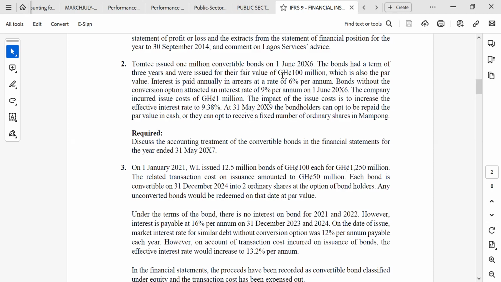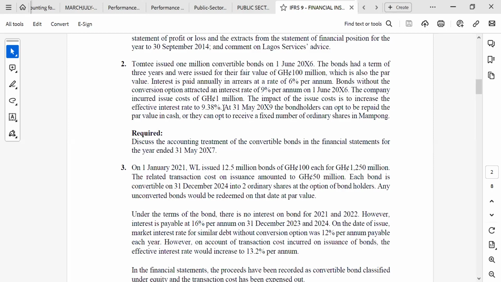And please, I'm also seeing some 9.38 somewhere. 9.38 is as a result of the issuing cost. After we have apportioned the issuing cost, that is what you'll be using to find your interest on the debt component. So that effective interest rate is because of the issuing cost, and that will come after the separation.